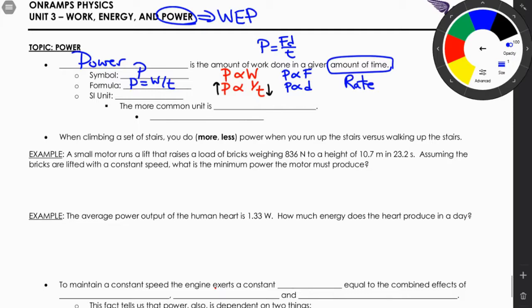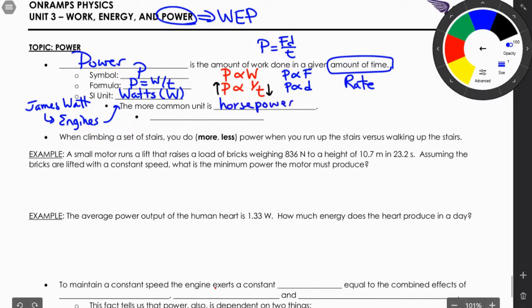Now, the unit for power is the watt, W-A-T-T-S. The symbol for watts is W. It's named after James Watt, who worked with engines. If you think about it, a more common unit for power is horsepower.